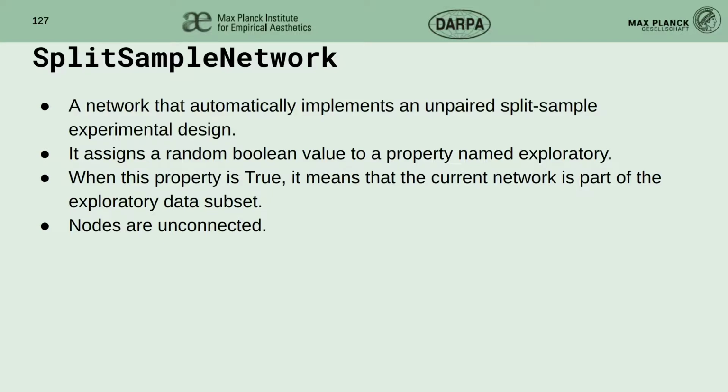And so there are a few researchers who have used this particular design when they didn't know exactly how they were going to analyze the data at the beginning, and wanted to assign entire networks to the exploratory or confirmatory sample.